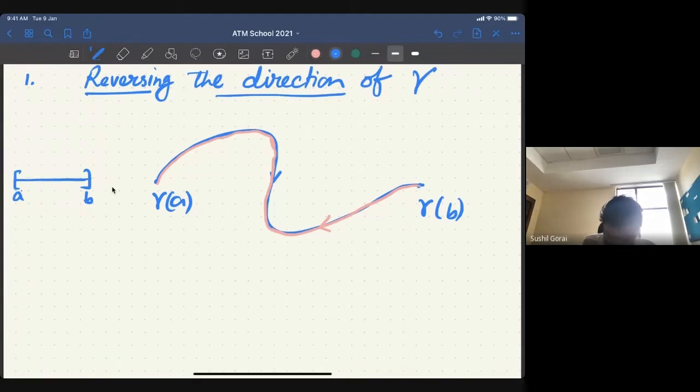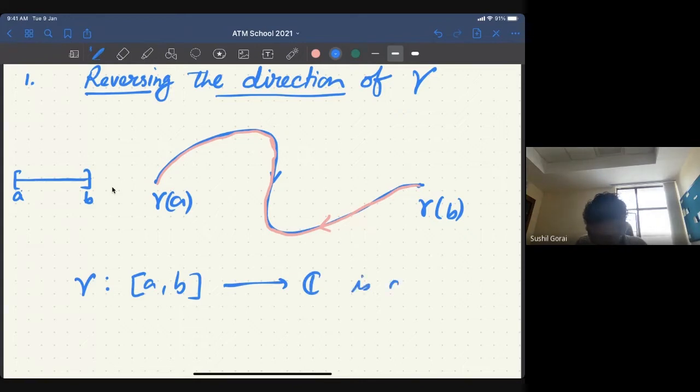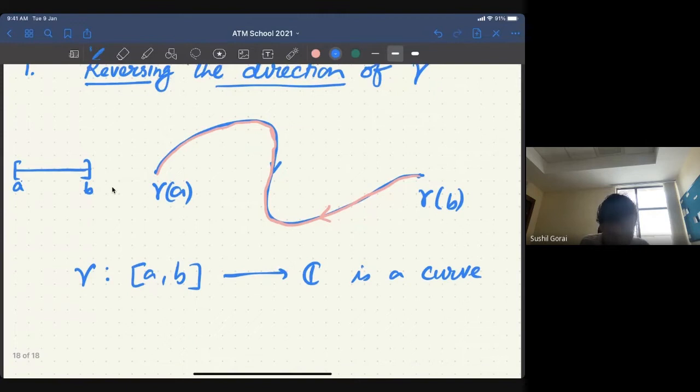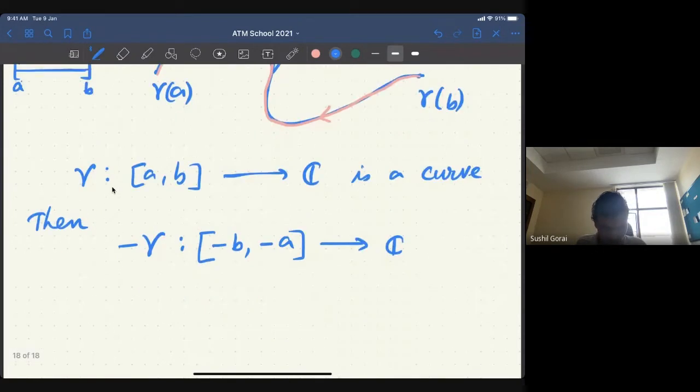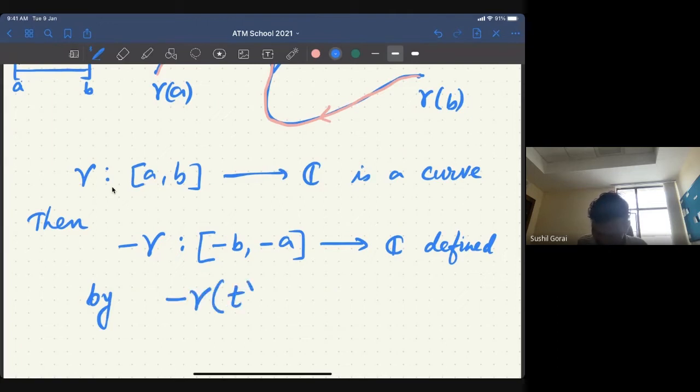So gamma is a curve from [a, b] to C, then minus gamma, which will be from [-b, -a] to C, is defined by minus gamma of t is gamma of minus t.